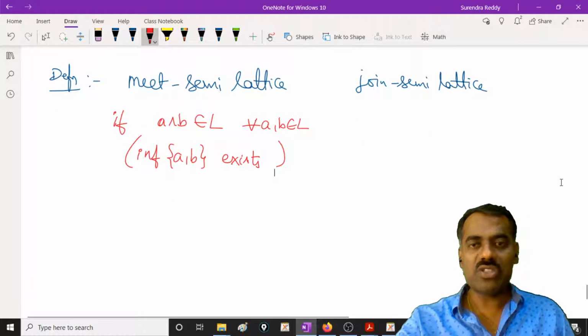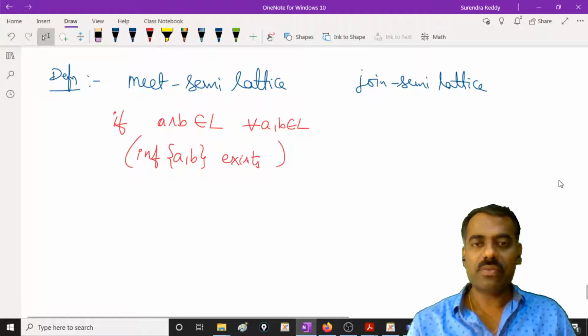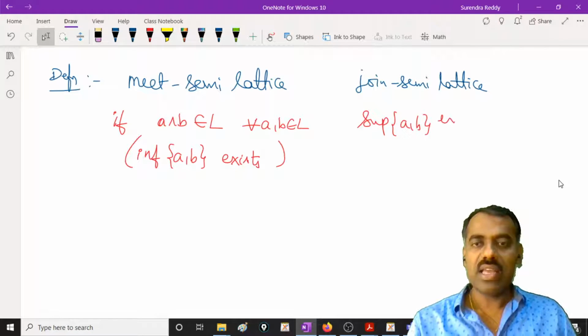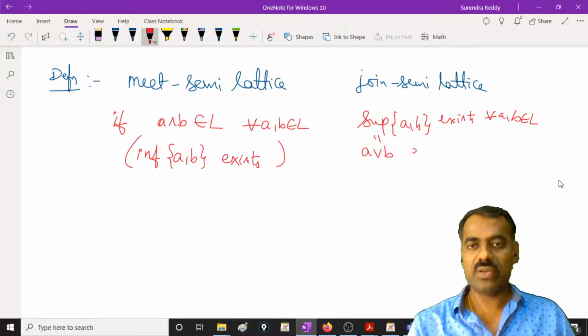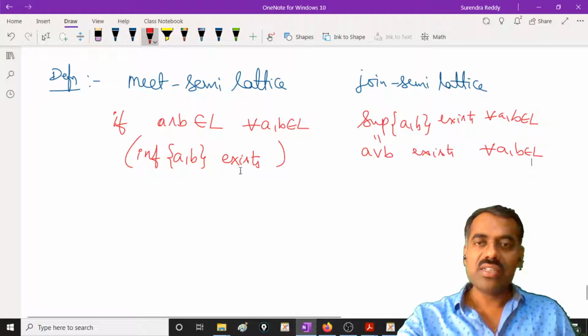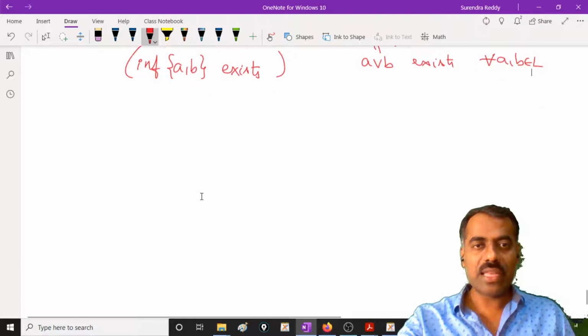Similarly, what is meant by joint semi-lattice? If supremum of A comma B exists for every A comma B in L, or you can call it A joint B, just notation, then we call it a joint semi-lattice. Are you following?